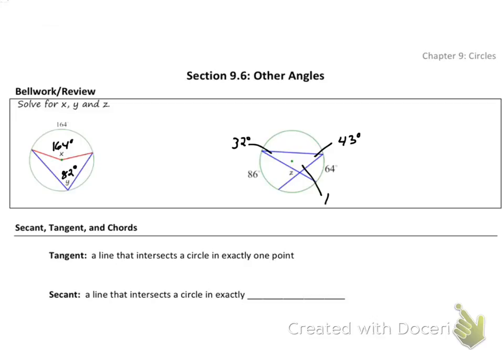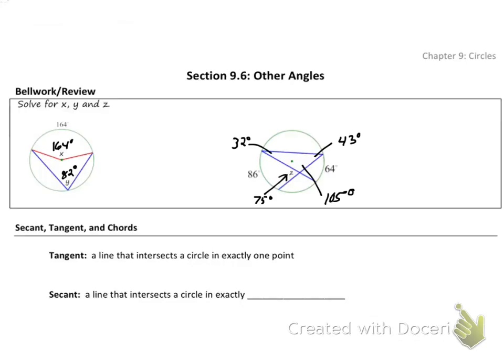So this is 105 degrees, on the basis that we have 180 inside of a triangle, which makes z 180 minus 105, which is going to give me 75 degrees.